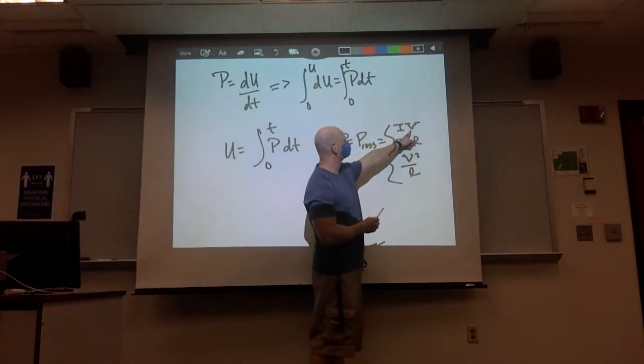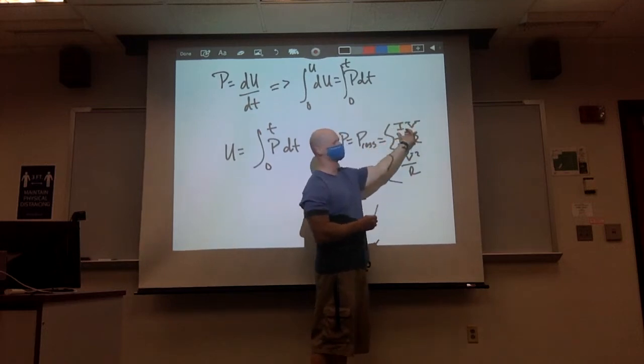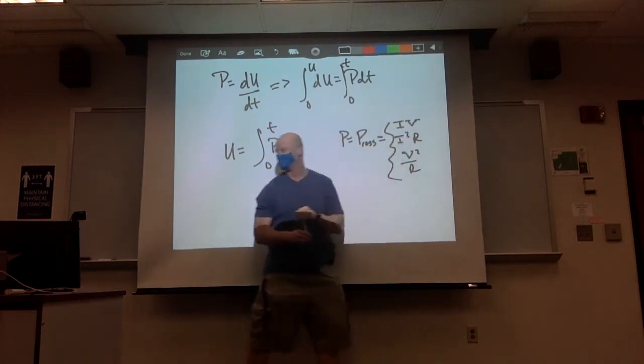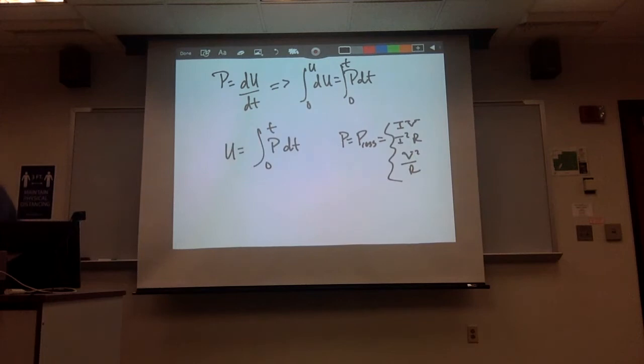I also know the potential across the wire, which means I know V, so we're simply going to use the first one. So I'm going to rewrite this as the integral from 0 to T of the current times the potential, integrated over time. The only thing I need to find out here is what is the current?